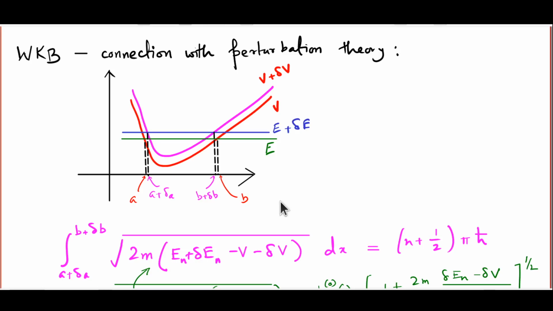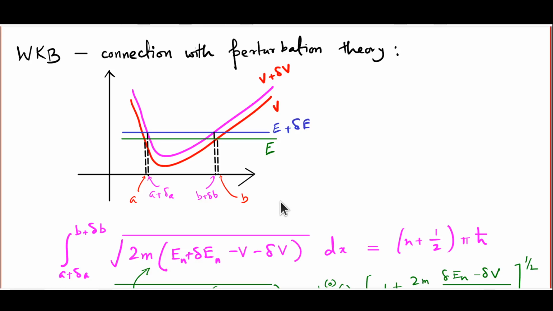So the first order energy correction to the integral will only come from the integrand itself. Now in the integrand, twice m into En minus V is nothing but the momentum function for the unperturbed potential. Let us call that P0 of x.